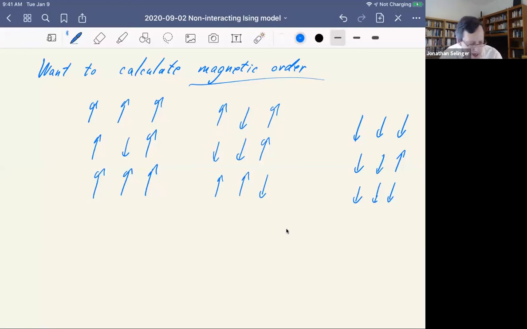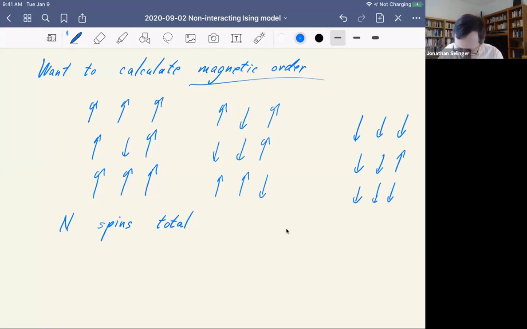Okay. One simple possibility to distinguish among these things is to say, let's look at how many of the spins are pointing up and how many are pointing down. Okay, so suppose there are n spins in total, and we'll count how many of the n are pointing up or pointing down.